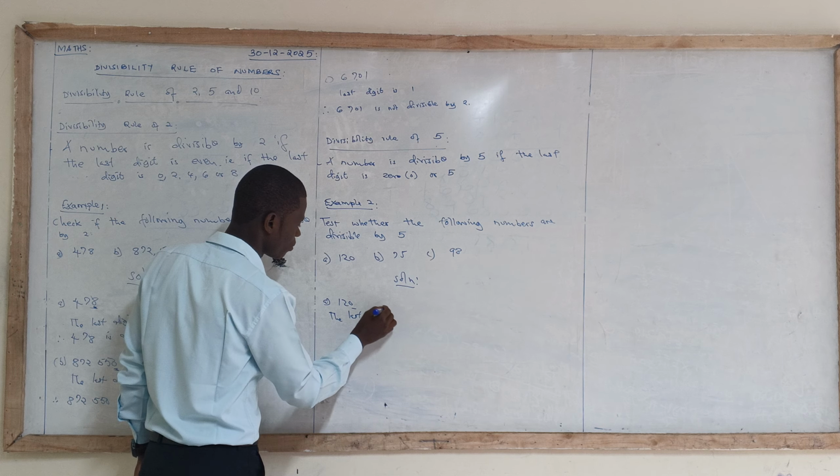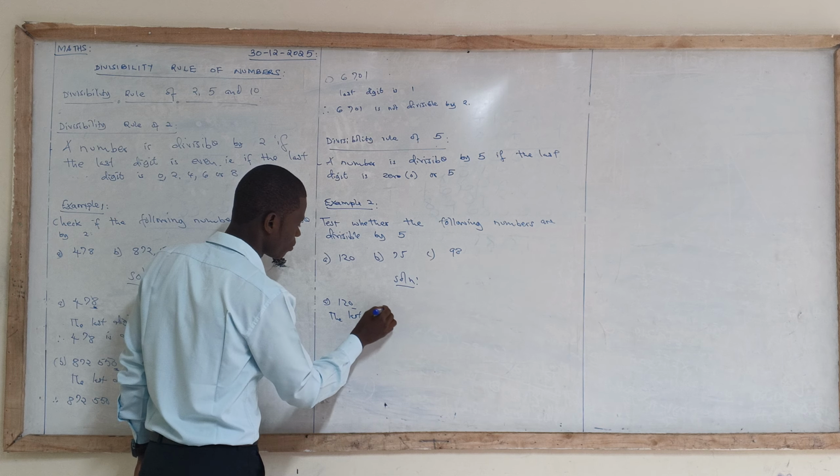C, what do we have as our C? We have 98. This is now the first digit, the last digit is 8. So you say the last digit is 8. A number is divisible by 5 if the last digit is 0 or 5.